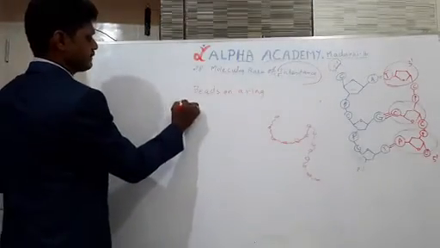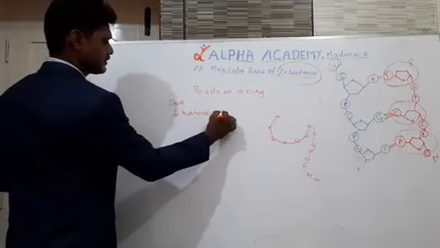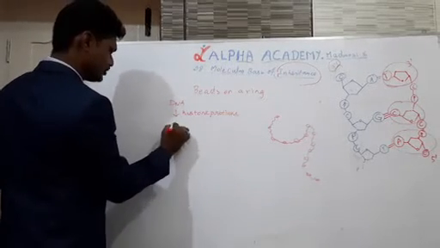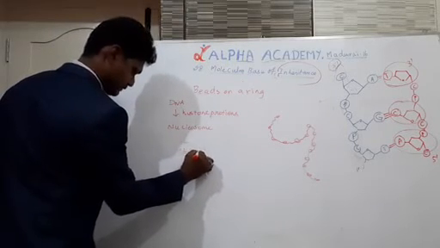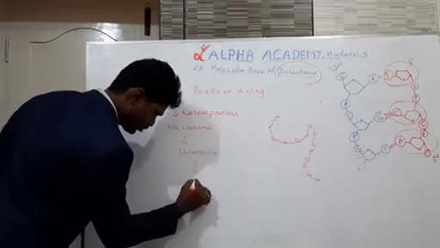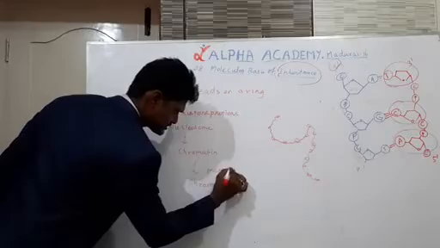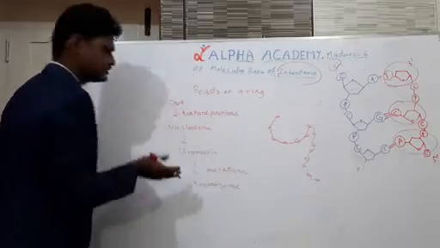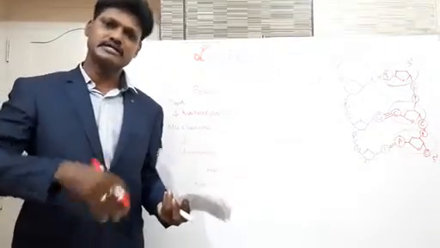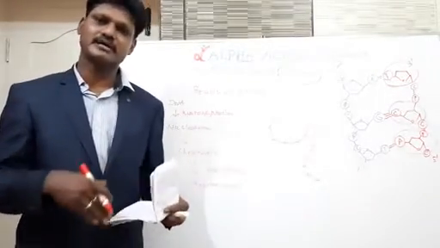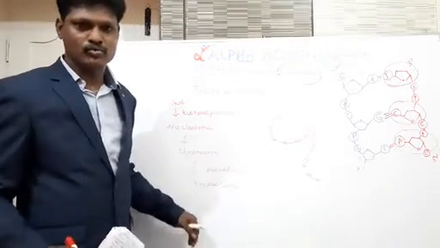So DNA plus histone protein to form nucleosomes, to form chromatin, to form chromosome at the time of metaphase. Okay. So DNA combines with histone protein and becomes nucleosome. Then it packs with non-histone protein to become chromatin. Further condensed to form chromosome.